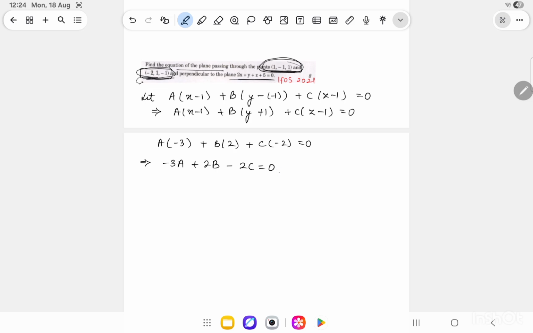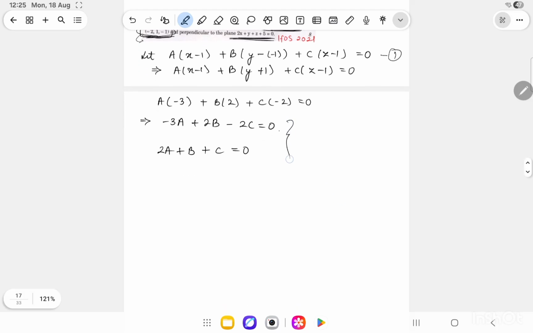Also in the question they have given us that the plane passing through these points is perpendicular to this plane. So if this plane 1 is perpendicular to the plane given in question, then their normals are also perpendicular. So using that I got 2A plus B plus C equals to 0.